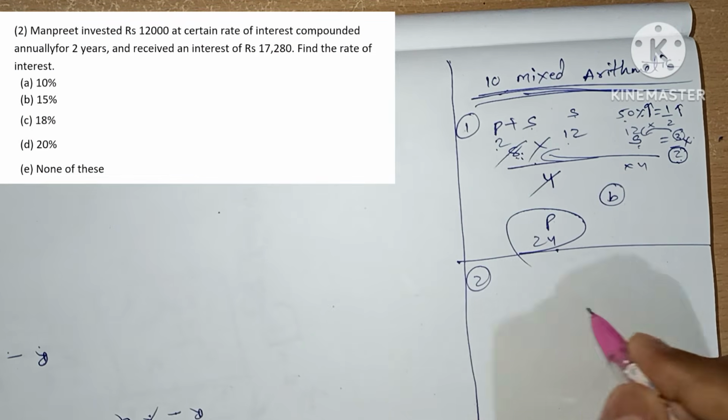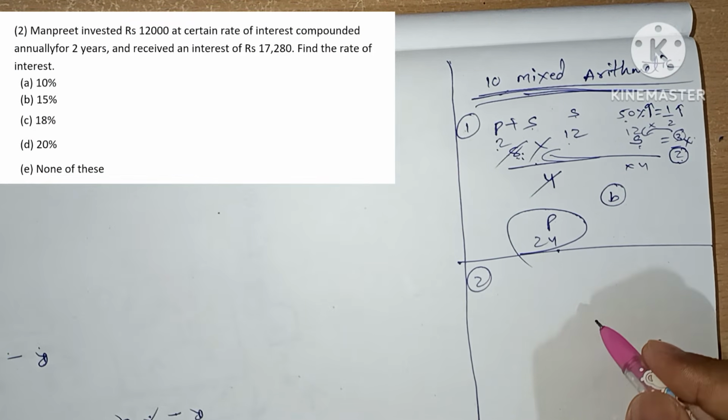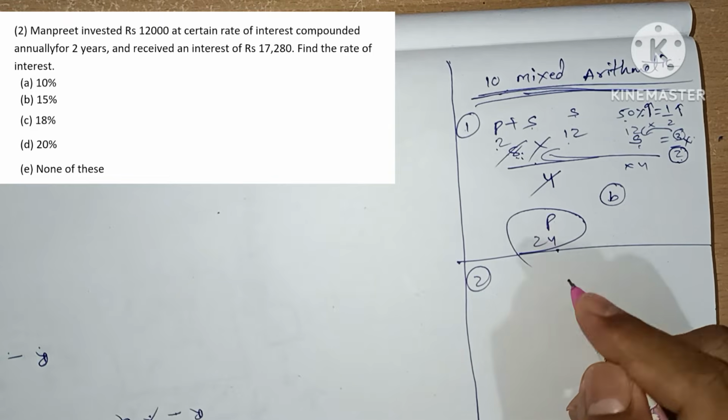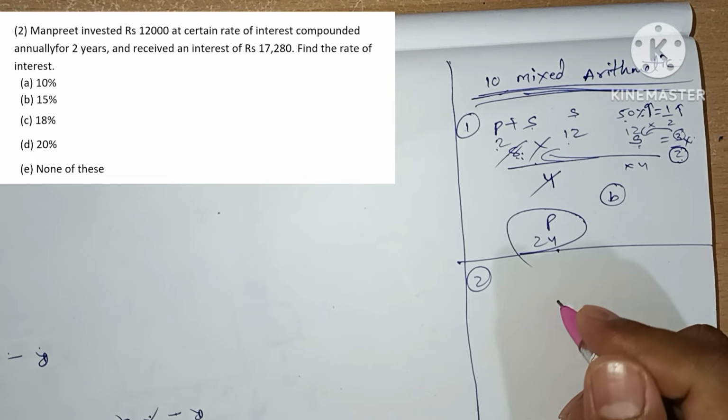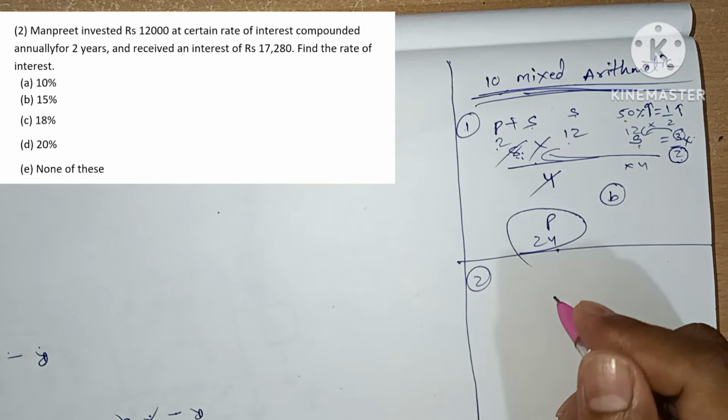Next, second question. Manpreet invested 12,000 at a certain rate of interest compounded annually for 2 years and received rupees 17280. Find the rate of interest.